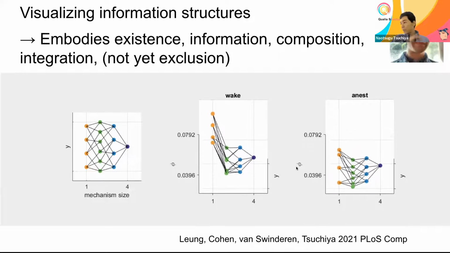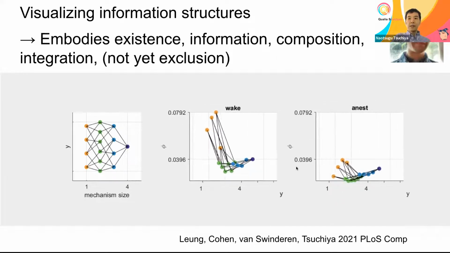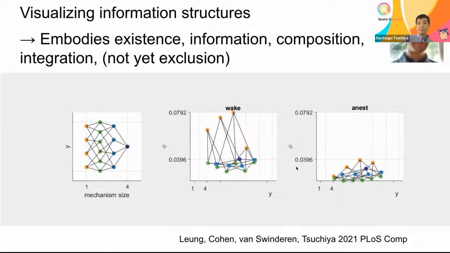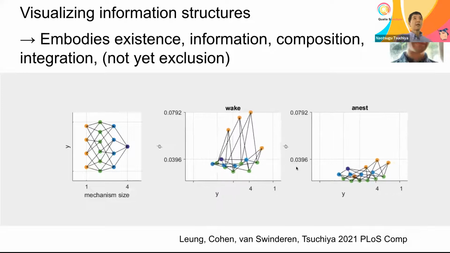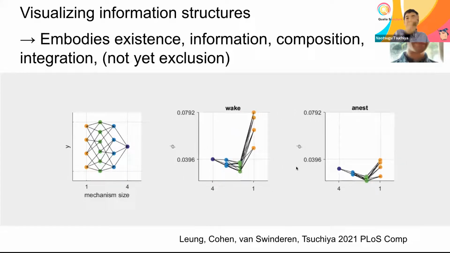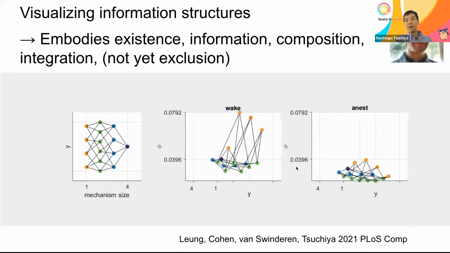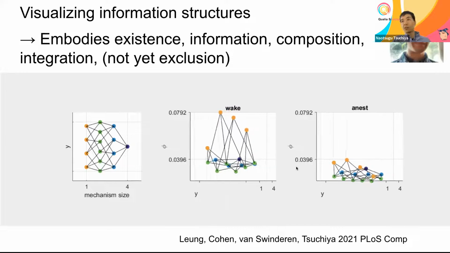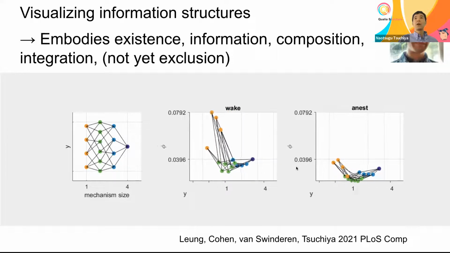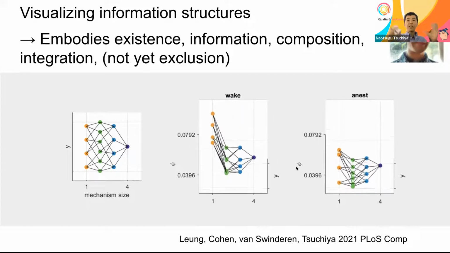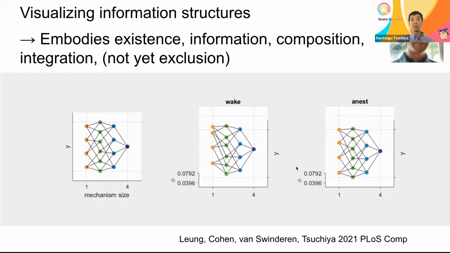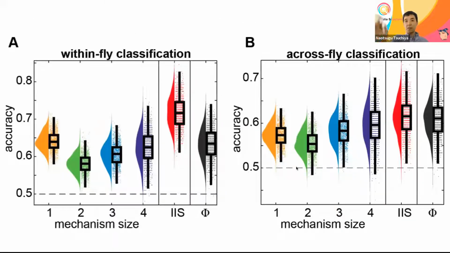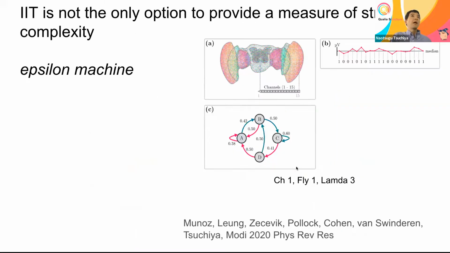Skipping all the small details of how to compute this, Angus was able to compute this integrated information structure, at least from the fly local field potential recording, and show that wake compared to anesthesia has a much richer and bigger volume integrated information structure. And this is the decoding accuracy and so on.